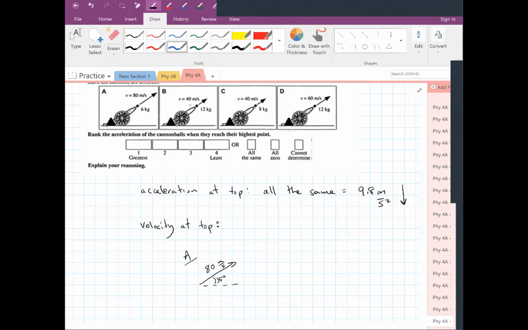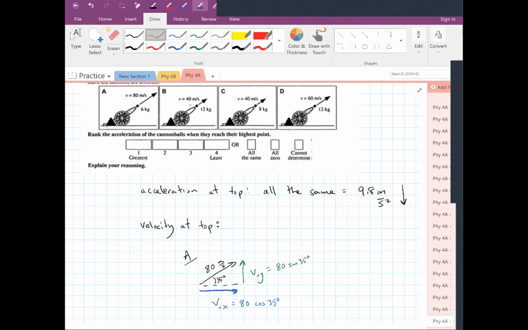That means that in the x direction, we have 80 cos 35 degrees, and in the y direction, our initial speed is 80 sin 35 degrees, but we know the y goes to 0.